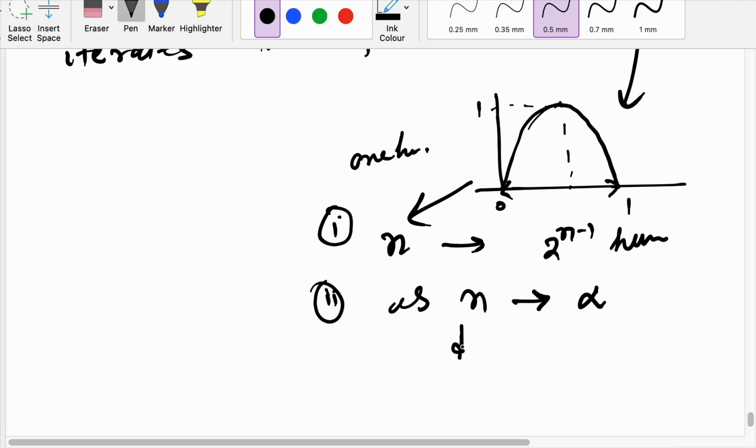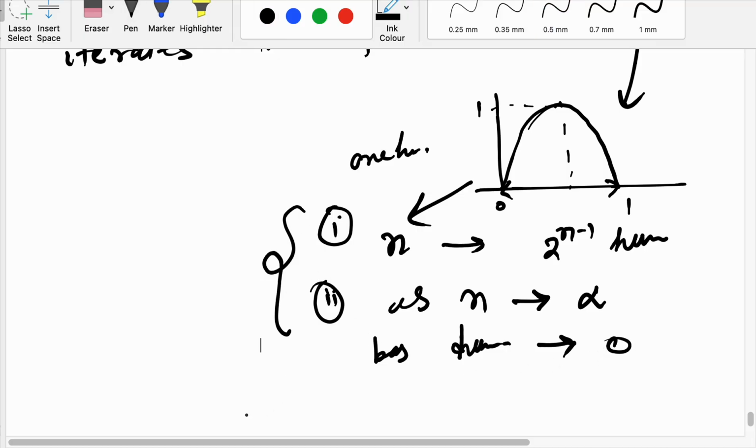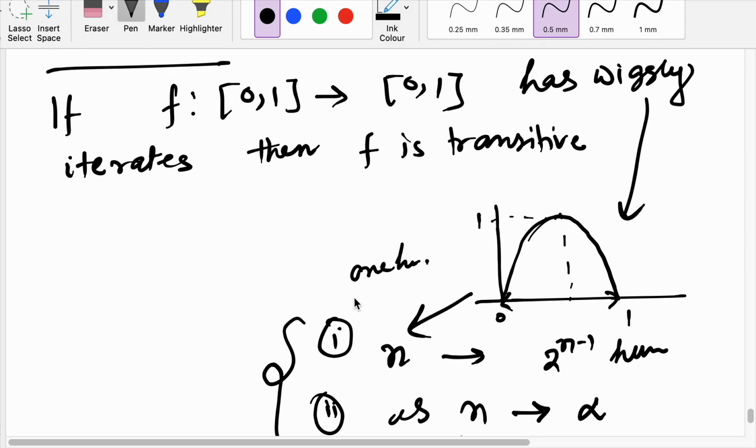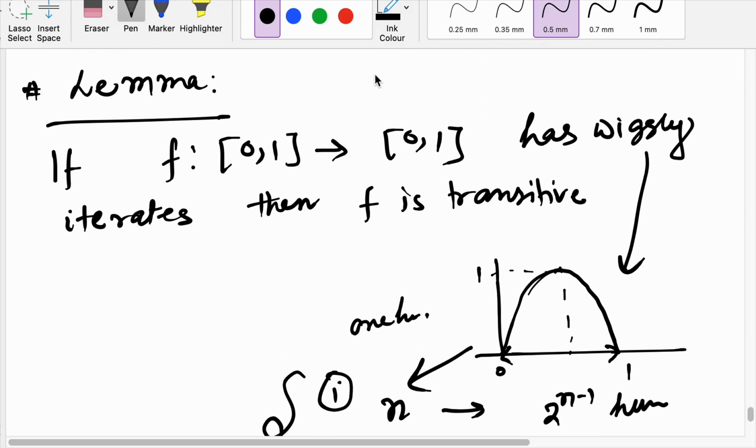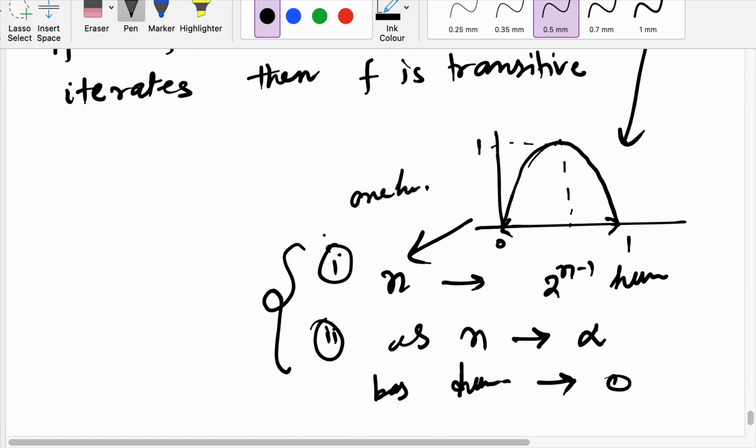The base of the hump will go to 0. If these two properties hold for any function, this is called weakly iterate. So it says that if f is weakly iterate, then f is transitive.